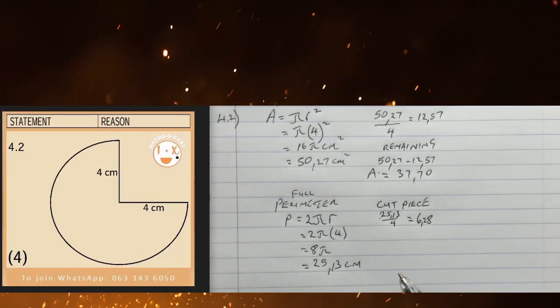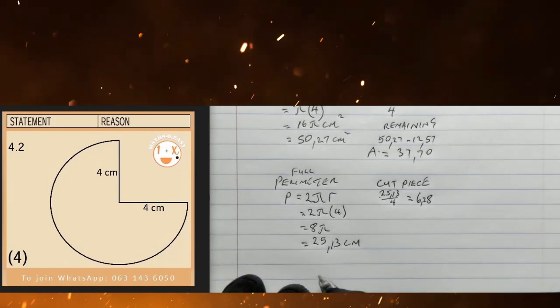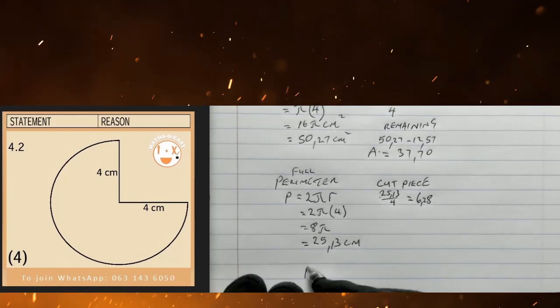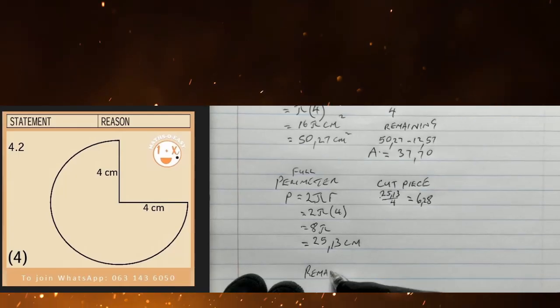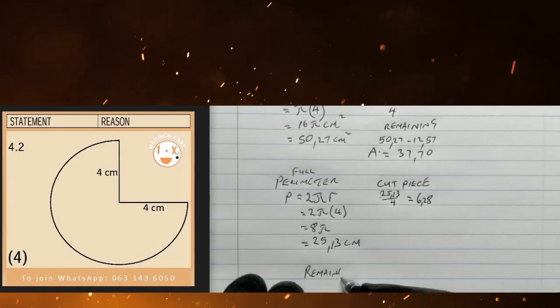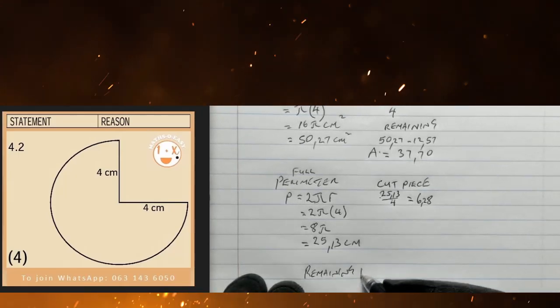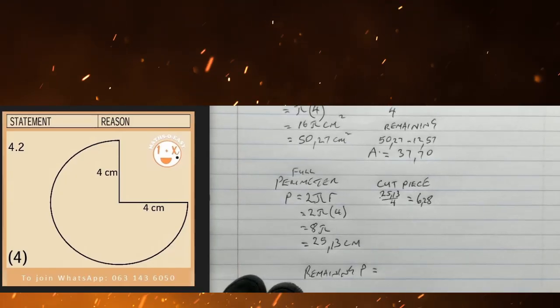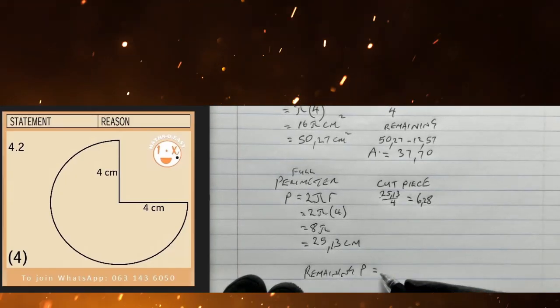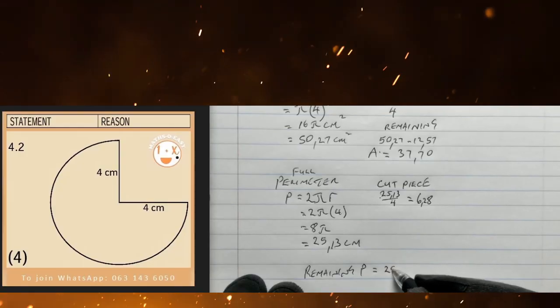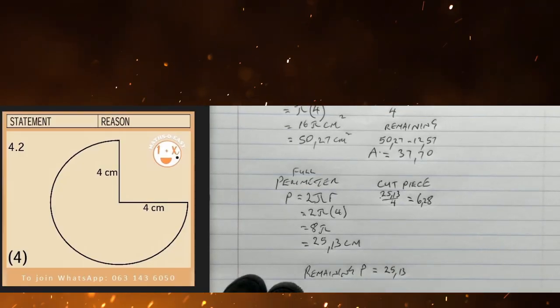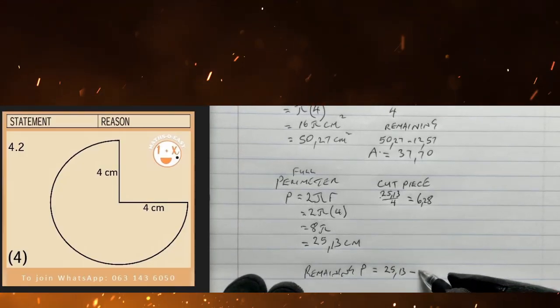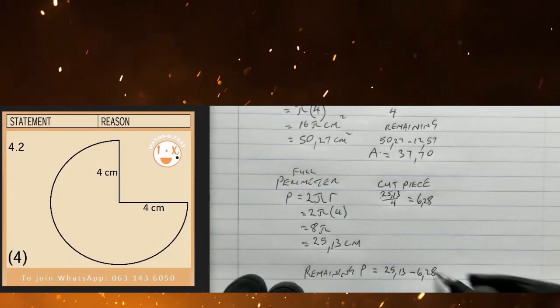So what is going to happen now? The remaining perimeter will be equal to the full perimeter minus the small piece.